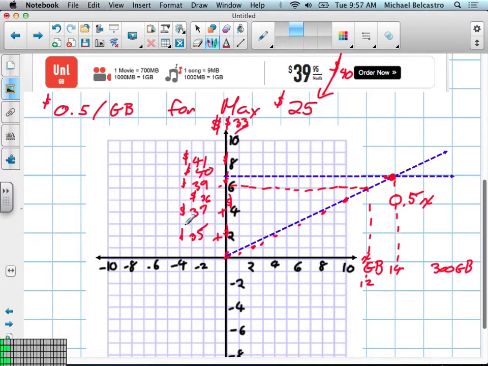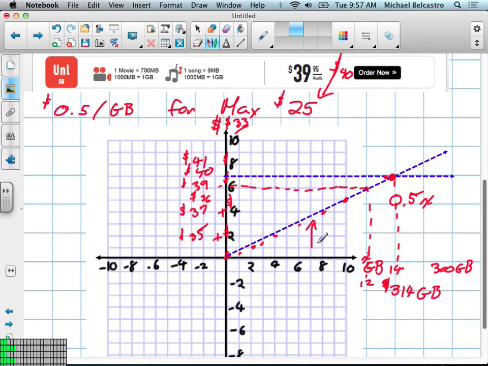How much usage do we have? How much bandwidth did we use? 14 gigabytes over. 314. So, in other words, this plan makes sense. The 300 gigabyte plan makes sense. Anything under, that's not supposed to be dollars, that's supposed to be gigabytes.